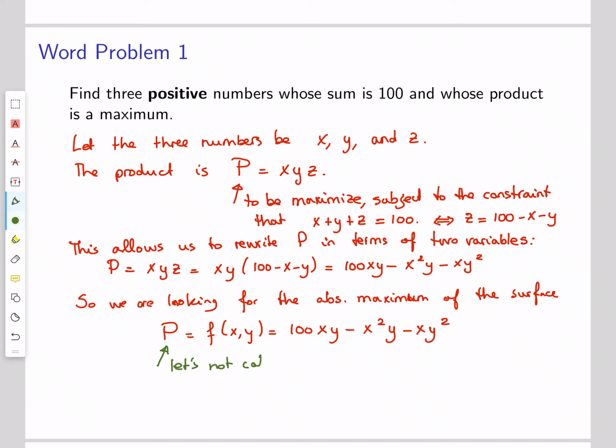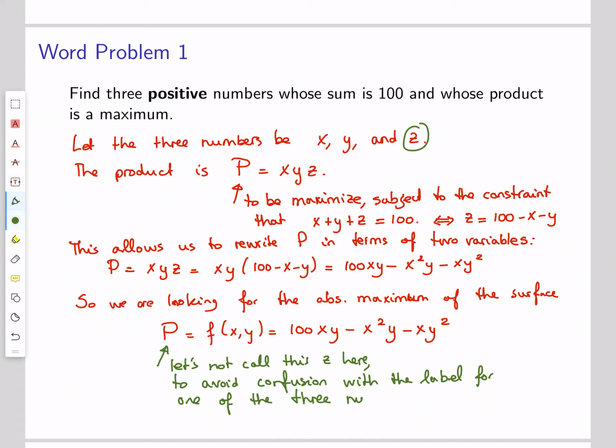Let's not call this z, because it's not the same z as this z over here, to avoid confusion with the label for one of our three numbers. So I've called it P instead.